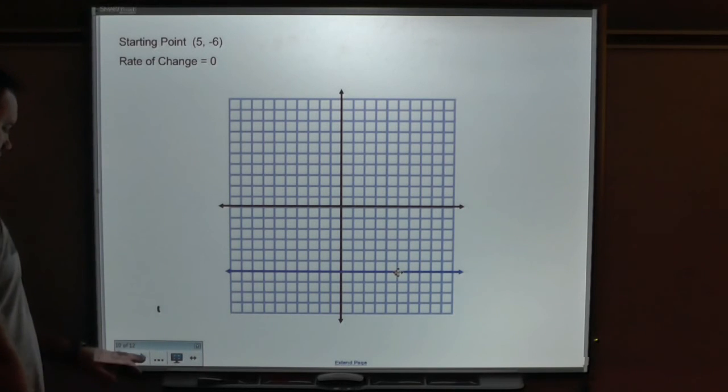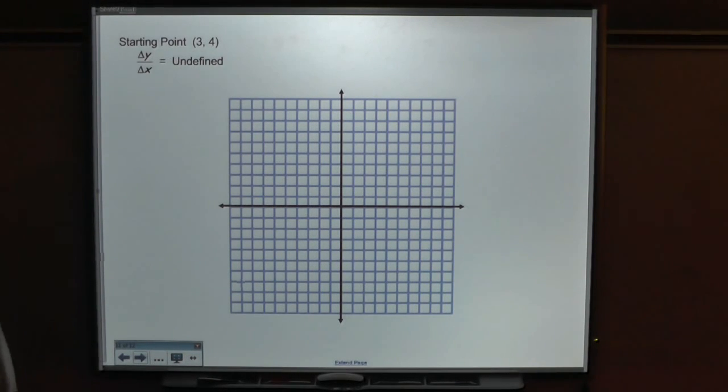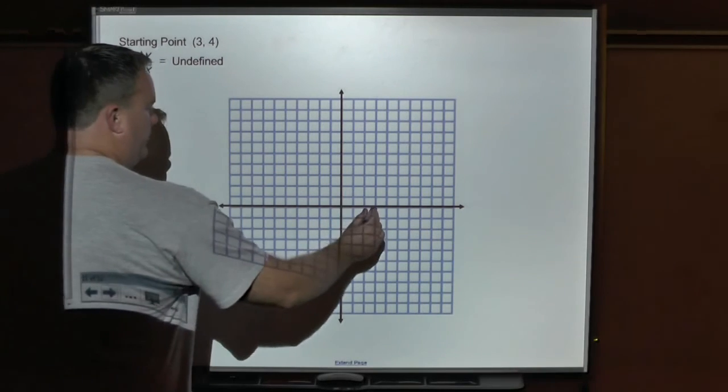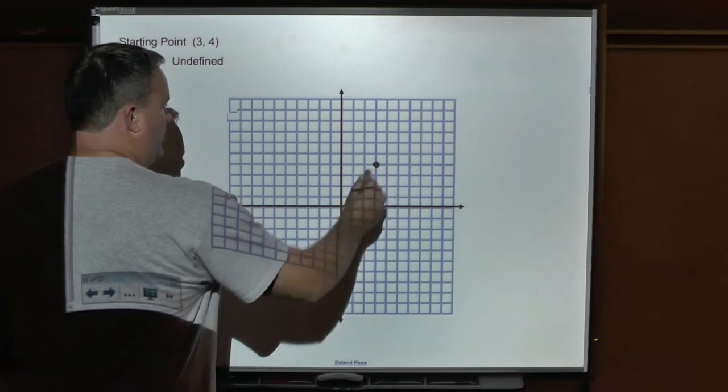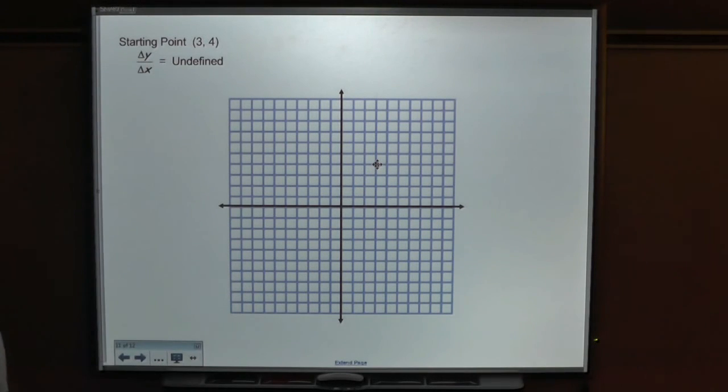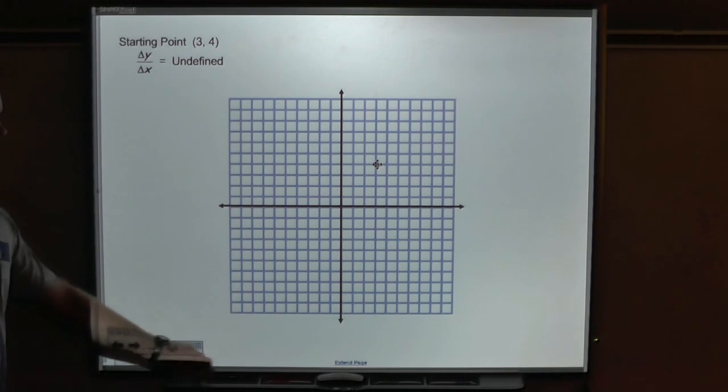Alright. Next one. Starting point 3, 4, with a slope that's undefined. Plot the point 3, 4. There's the point 3, 4.